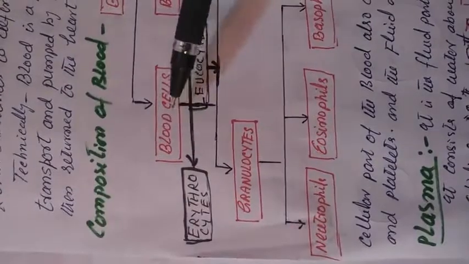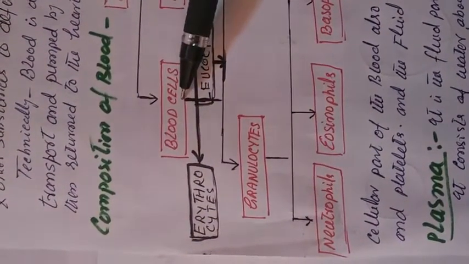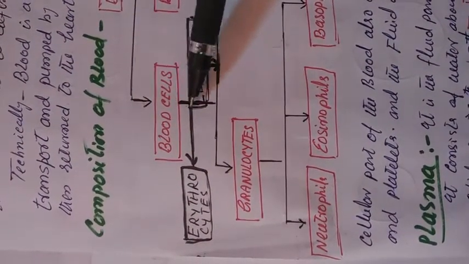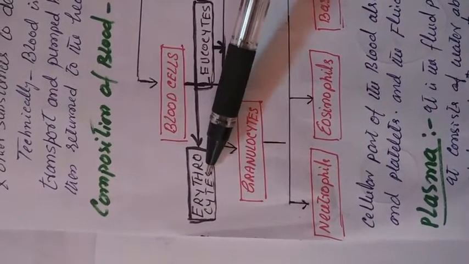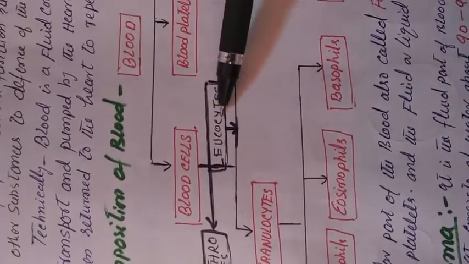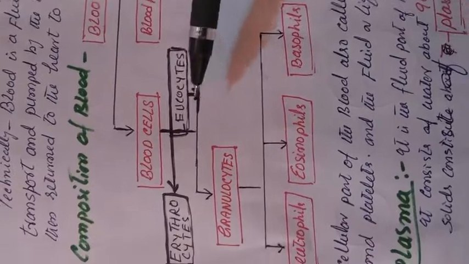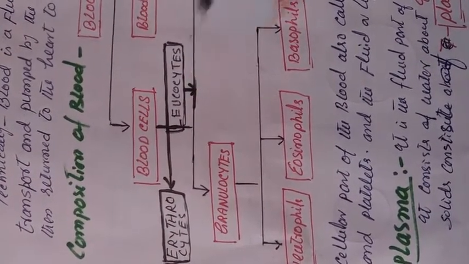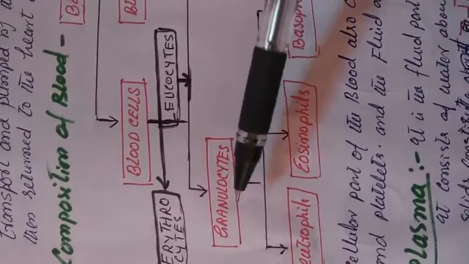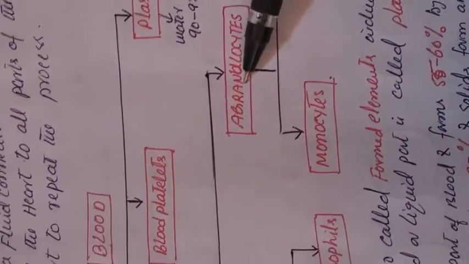So far as the blood cells are concerned, these are first categorized into two categories, that is erythrocytes or red blood cells and leukocytes or white blood cells. These leukocytes are further classified into two types, the granulocytes and agranulocytes.